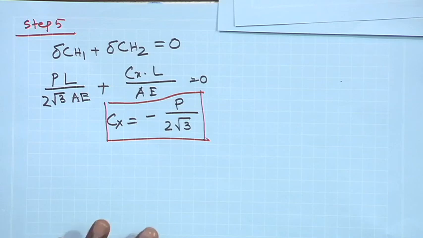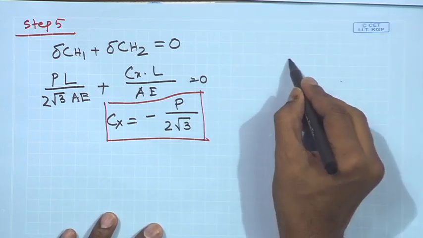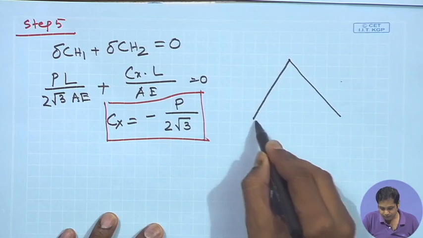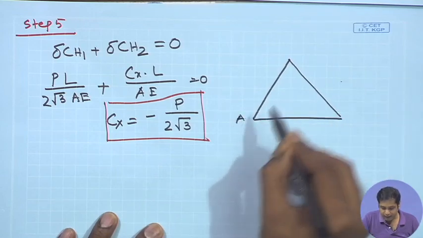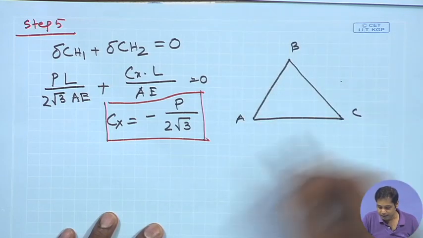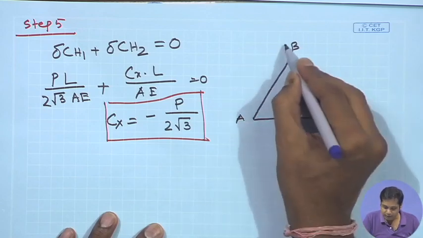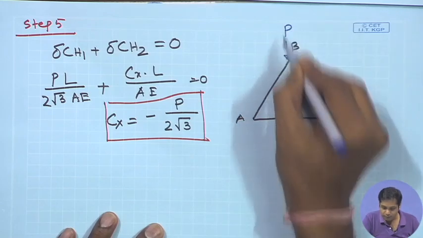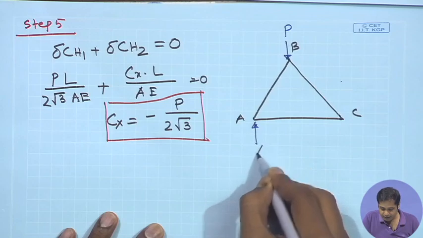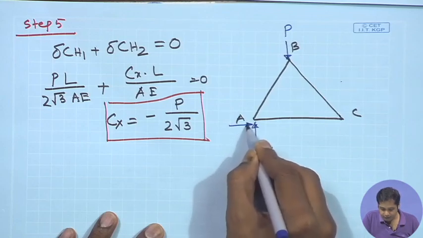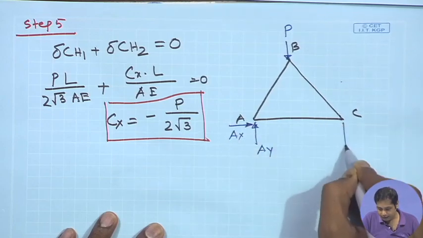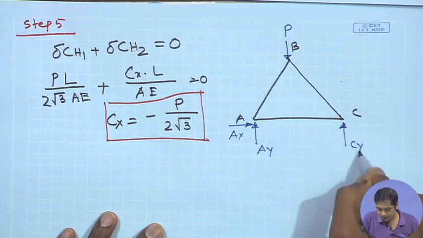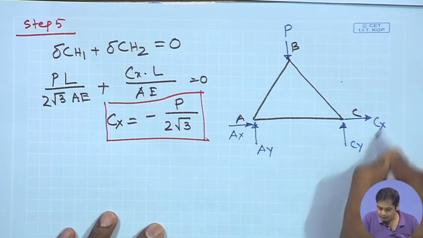Okay. Now, if you draw the actual structure, this total structure, this is A, this is B, this is C, and the free body diagram is subjected to a load P, this is AY, this is AX, this is CY, and this is CX.